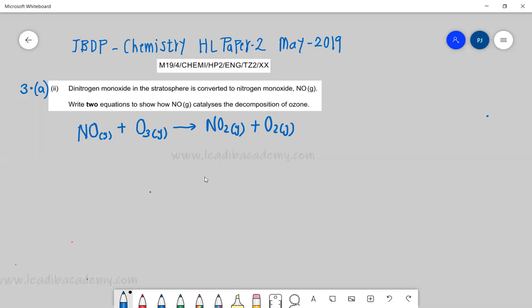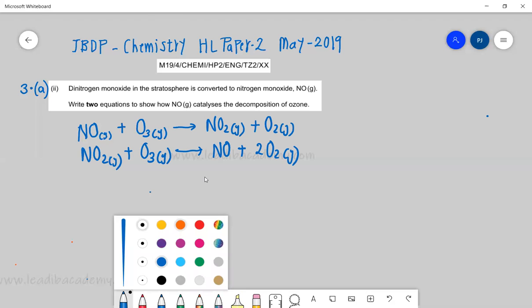And in the second part, the nitrogen dioxide which is getting formed can convert ozone into twice oxygen.